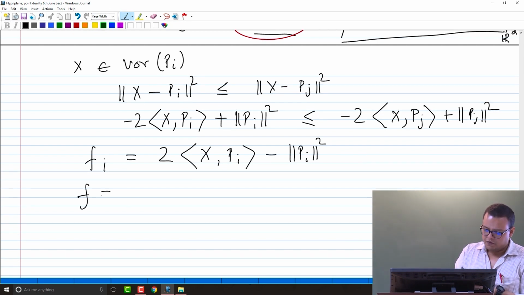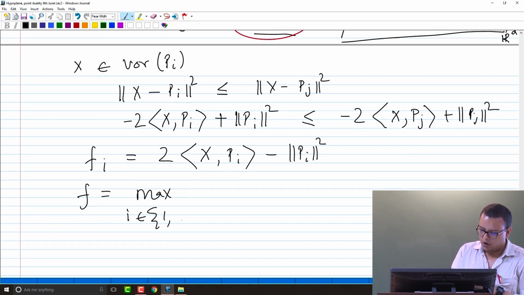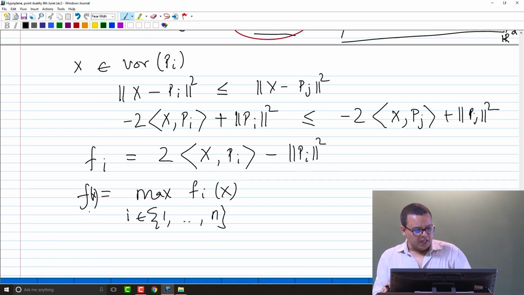So now I define f(x) as the max over all i from 1 to n of f_i(x). This is basically the upper envelope of the f_i's. What will it store? The Voronoi diagram again. But what is the good thing about this? These are linear inequalities. These are hyperplanes, right?